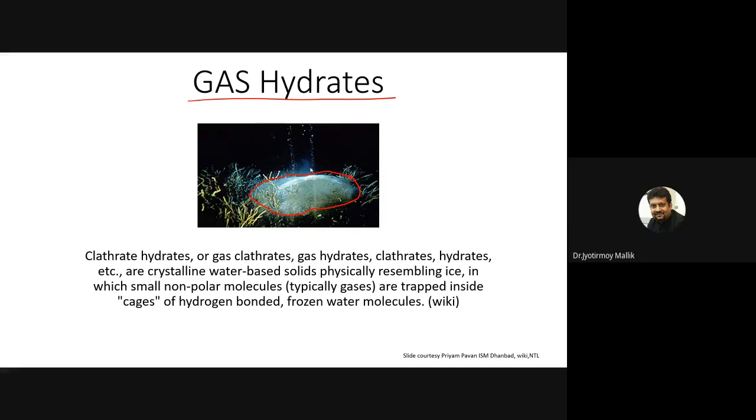So far, there is only one demonstration project, in Japan, where people showed that they could take out gas from these clathrates. Of course, it is a proven fact that there is gas in this ice, but people do not know how to take it out. So that's all about the clathrates, and that is what we are going to look at today.